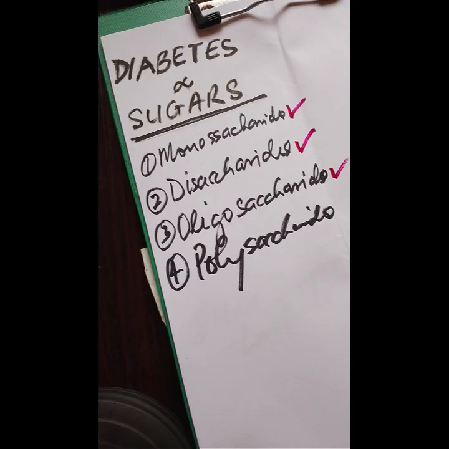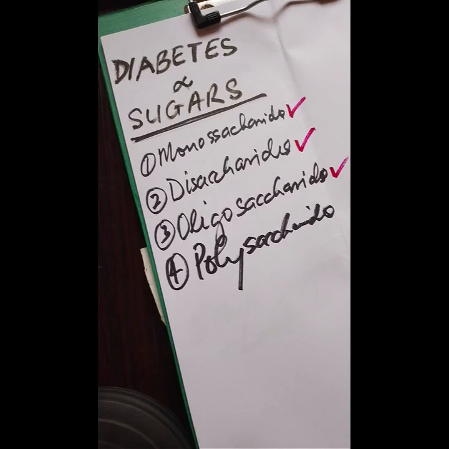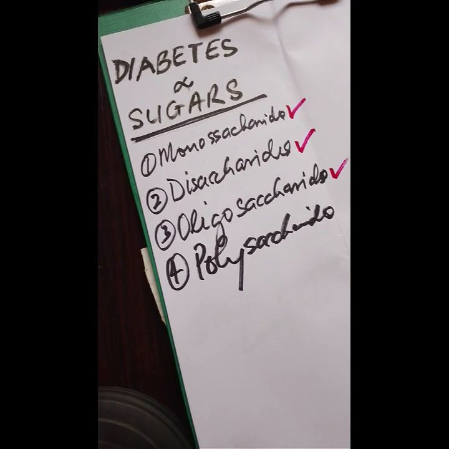The body will store part of the glucose as glycogen in the muscle and in the liver. But when the body is short of glucose, it will break down the glycogen, first the glycogen in the muscle, then the glycogen in the liver, and then use that glucose in the glycolytic pathway to generate energy.